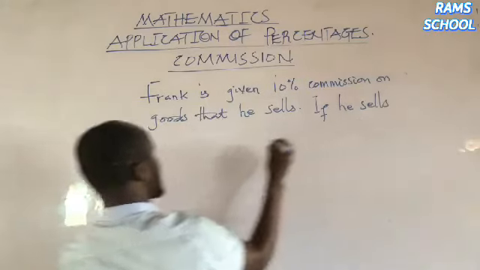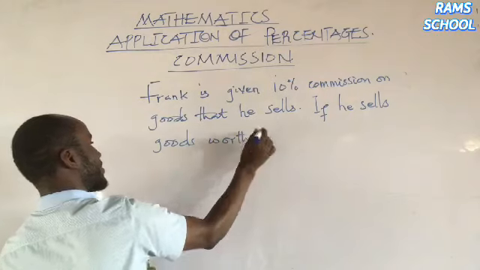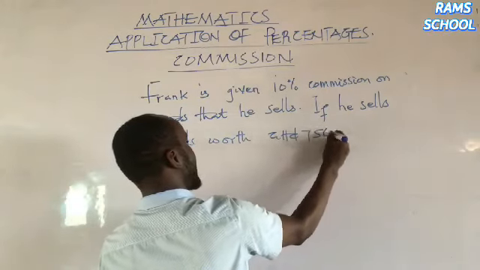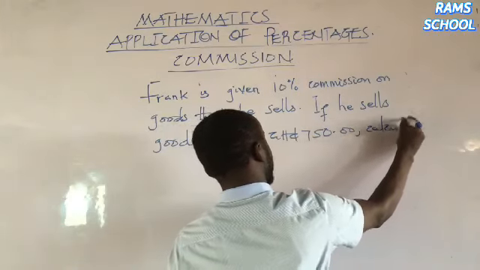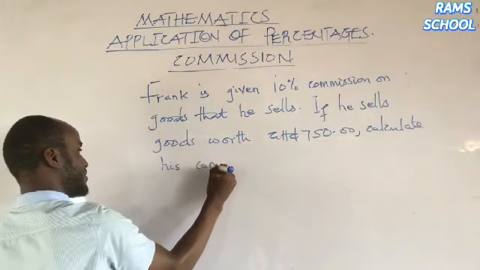If he sells goods worth 750 Ghana cedis, calculate his commission.